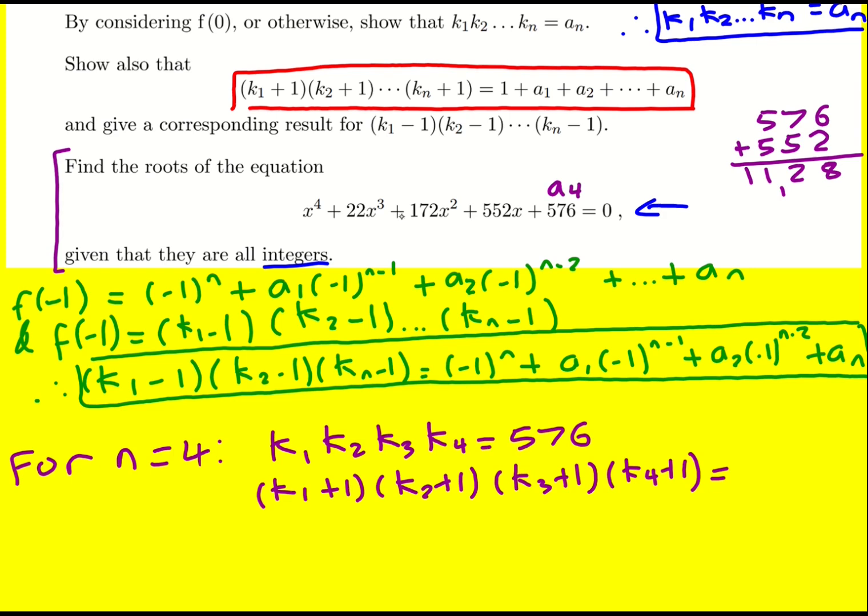And then I've got 172 plus 22, or I can just add 23 because I can add the 1 and the 22 together. Gives me 195. And then I can add them together. I can add on 200 to get 1,328, and then minus 5, 1,323. That is the product of when I add 1 to k1, k2, k3, and k4, times them together. Okay, we just got to use this final one now.